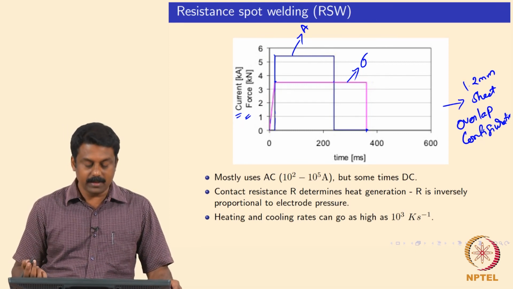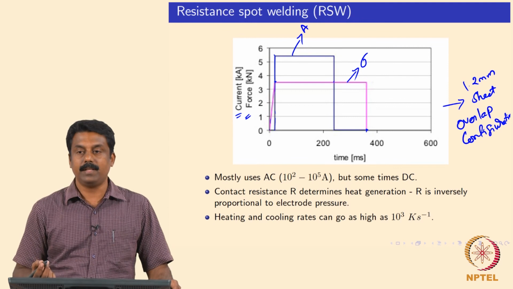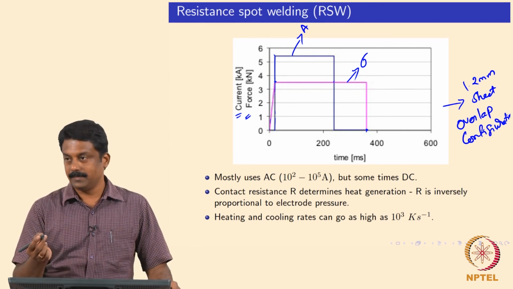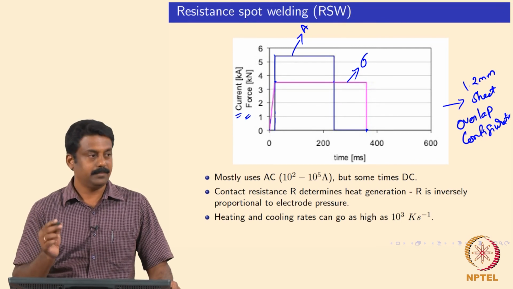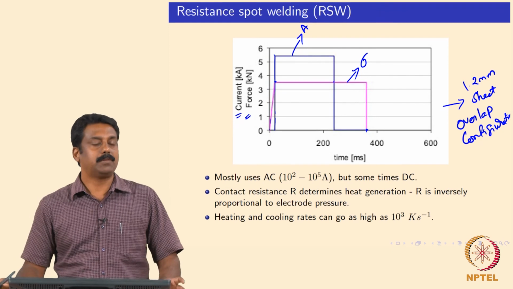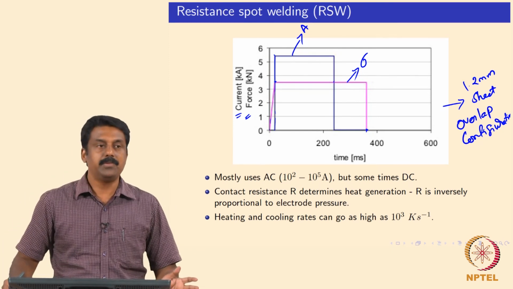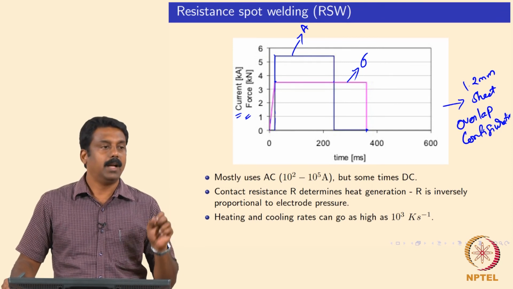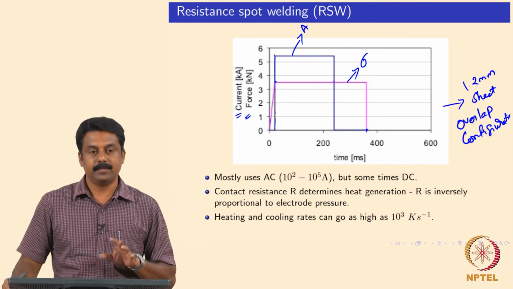So, you can now assume that the main characteristic of this process is that the heat is generated by the contact resistance, R, which determines heat generation. And then we also apply a load, and the load can change the contact resistance. The welding time and the current determine the weld size.